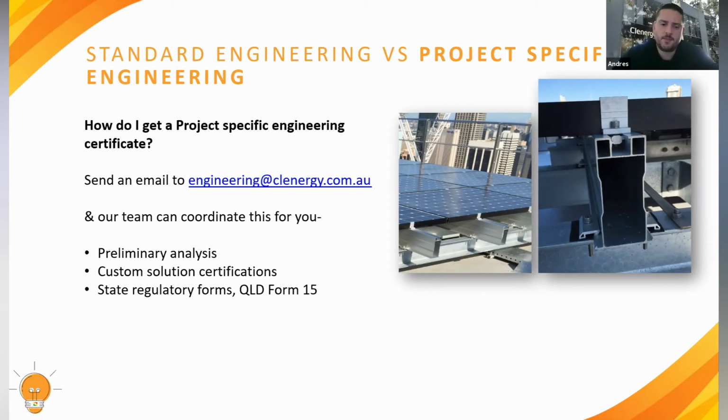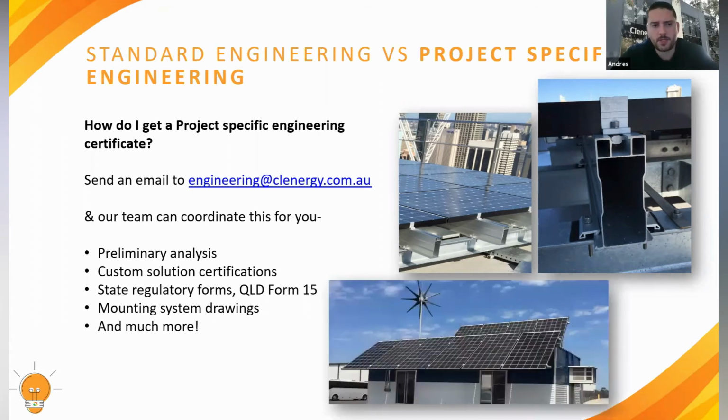For instance, some systems require different forms or certificates to go with the state regulatory forms. On Queensland projects, we require Form 15. Also drawings, designs, any project support or drawing specifics that you would require for your projects, and much more. Customized designs and different types of installations as well.